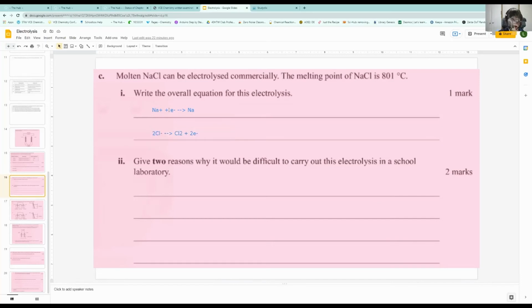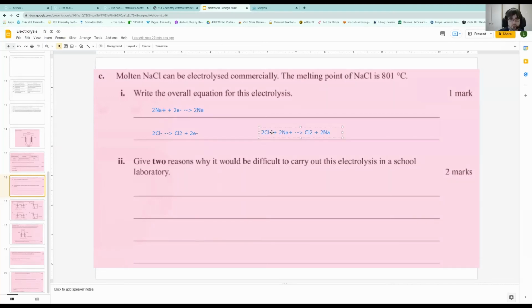Now, we do need to balance the electrons when we're doing our overall equation. So I'm going to multiply this one through by 2. And therefore, our overall reaction will be 2 chlorides plus 2 sodium ions makes 1 chlorine molecule and 2 sodium atoms there.